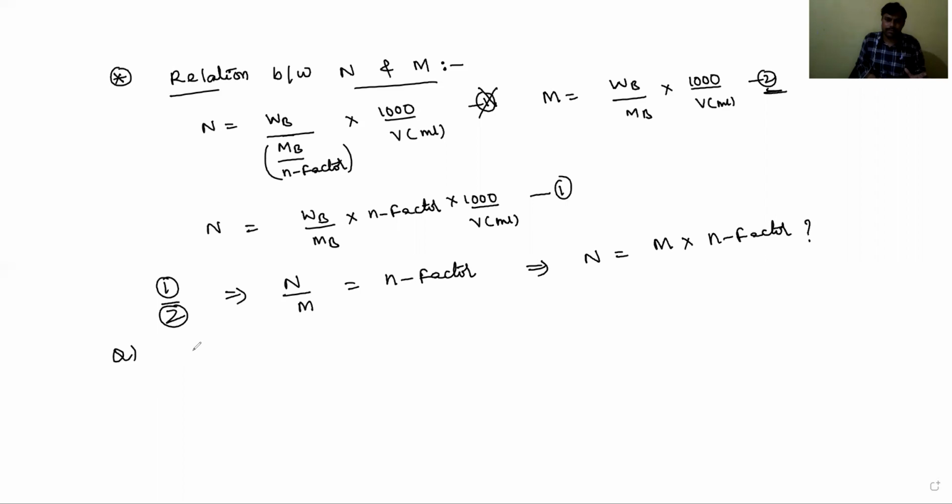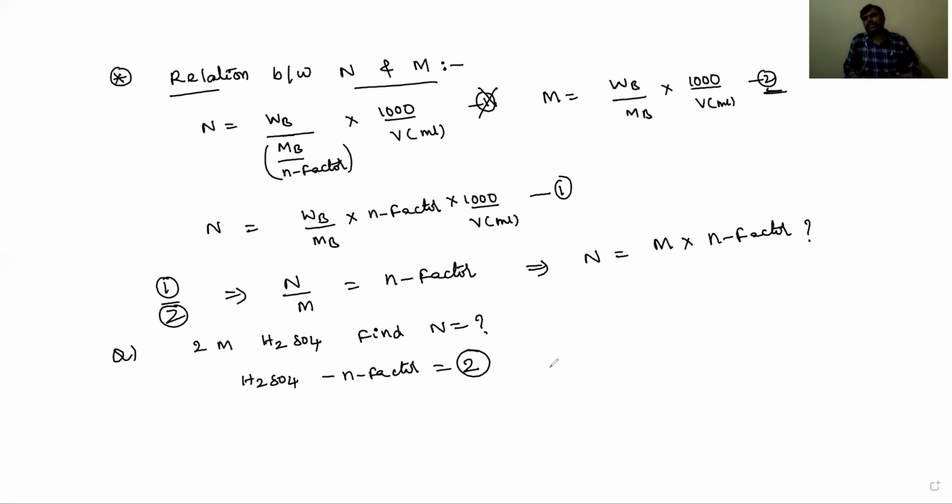For example, 2 molar H2SO4. Find the normality. The n factor of H2SO4 is equal to 2, because H2SO4 ionizes to give 2 H plus ions and SO4 2 minus. It is an acid, so its n factor is equal to the number of H plus ions, that is 2.